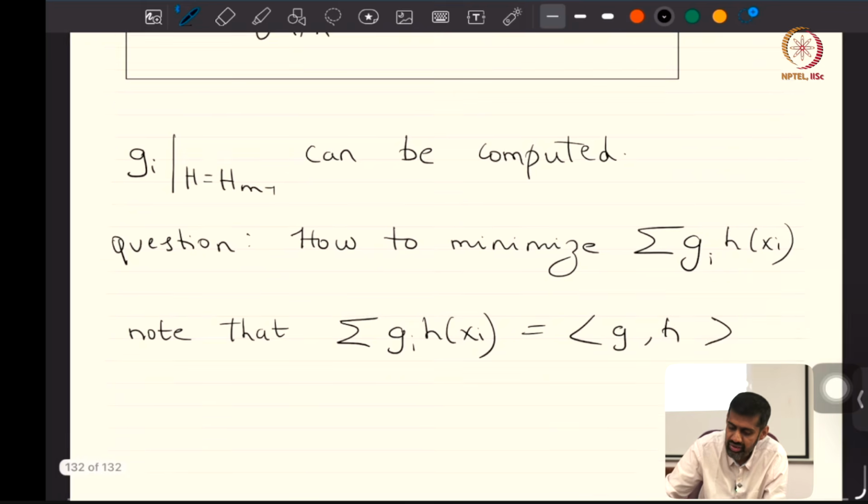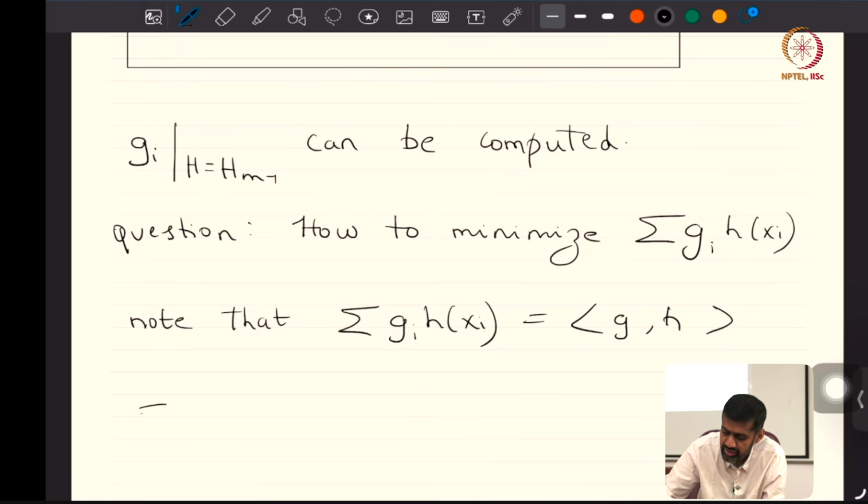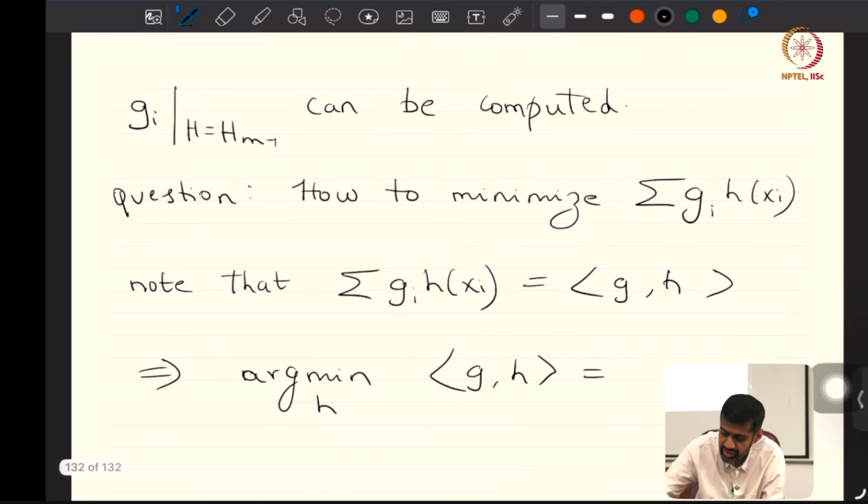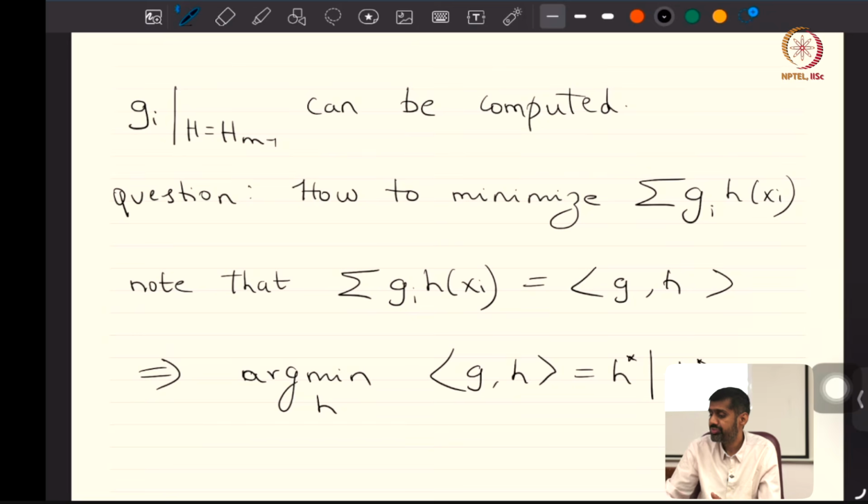How would you do this? Which implies the argmin, the minimizer of this inner product over h. What is this equal to? Is the h such that it is just negative of the gradient.